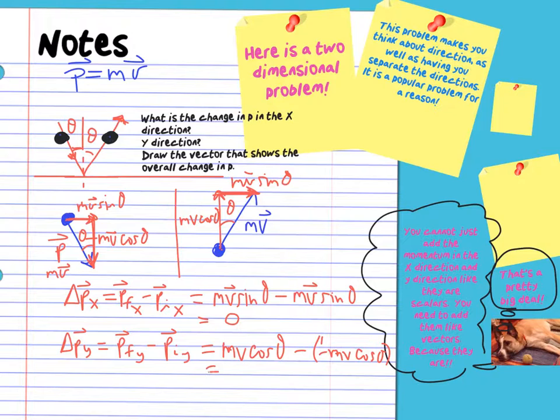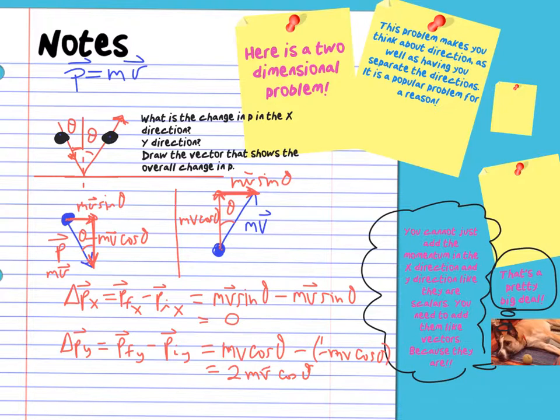Okay. So the change in momentum in the y direction is 2mv cosine theta.